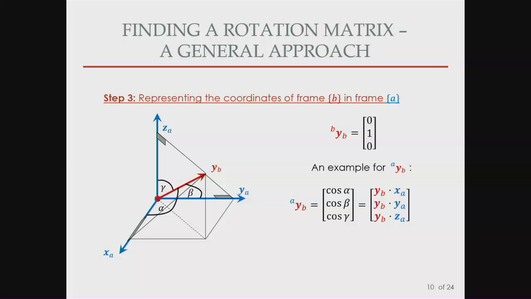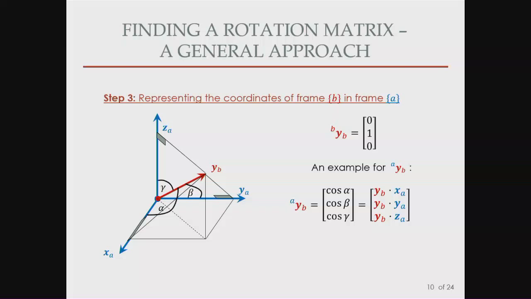Okay? Now, in what coordinate system to take these two vectors? Any coordinate system, as long as it's the same for both of these vectors. So I don't even bother writing any label on the top left. This just stands for the cosine of the angle between these two axes.